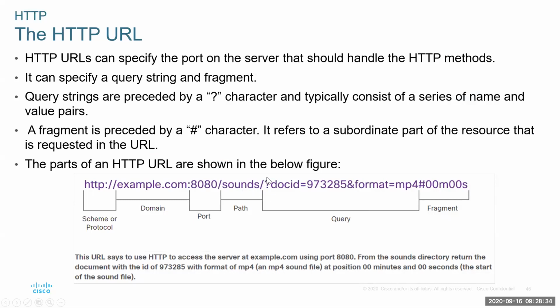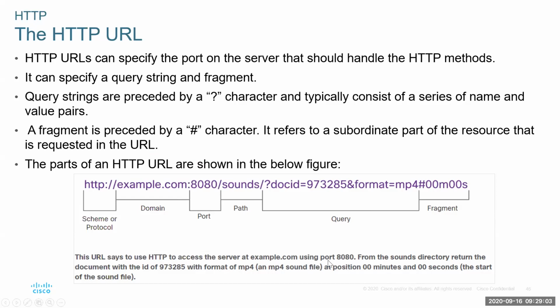The moment that you see a question mark, this is typically going to consist of key value pairs. So for example, doc ID is equal to this, format is equal to that. And then anytime you see a pound sign with numbers or anything after that, this is usually additional information that's being sent in that URL request so that it pulls back certain files.